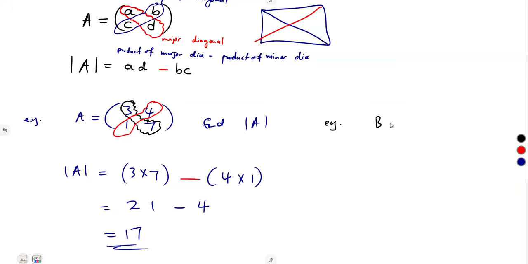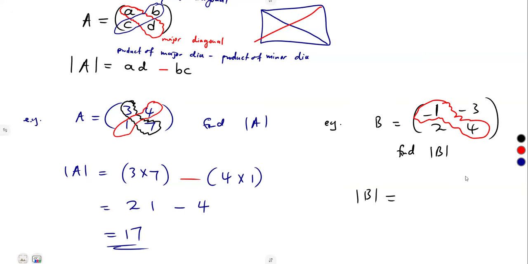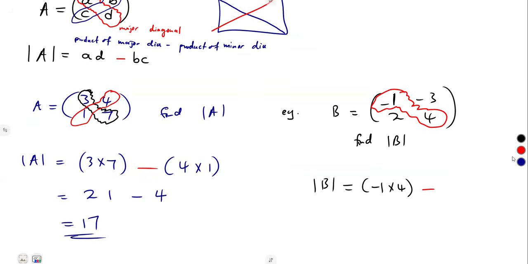Given matrix B, which is given as -1, -3, 2, 4, you're asked to find the determinant of matrix B. As before, the product of the major diagonal, -1 versus 4, minus the product of the minor diagonal, -3 versus 2.